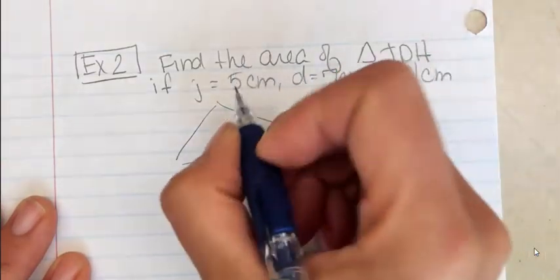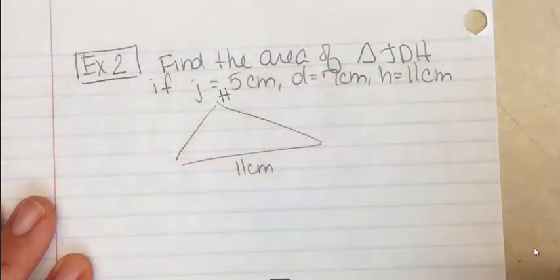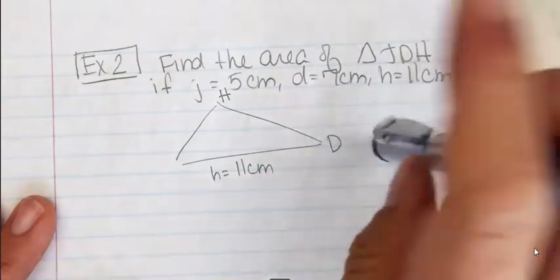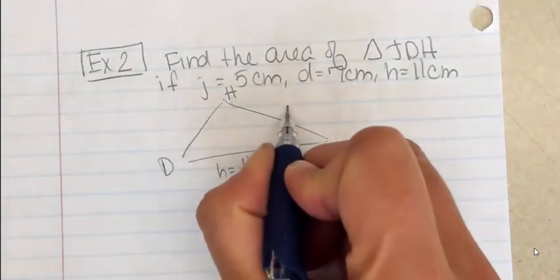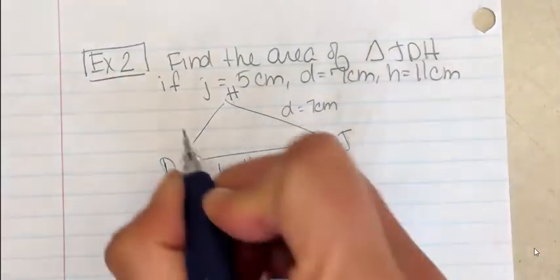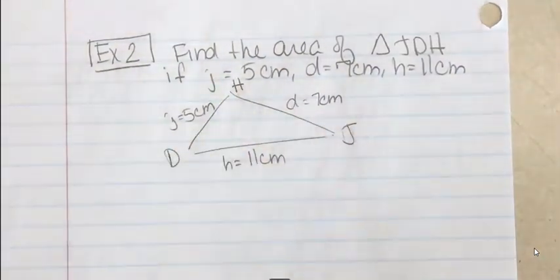So this will be my H. Oops, let me switch those around. So you can see that I have all three sides.